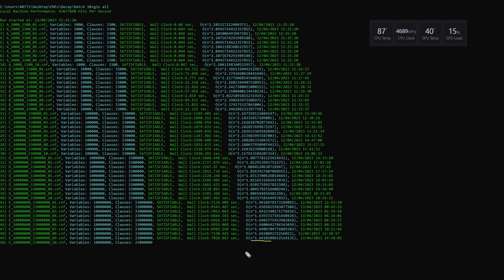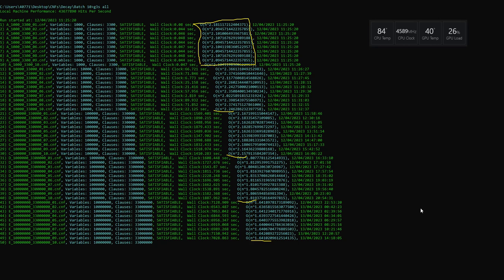That's the order of complexity that is dropping from one batch of files to the other. So I would say that this is a pattern. Maybe besides the first one, the top one with the 1,000 variables, which is somehow different. I don't know why. Anyway, so far so good.